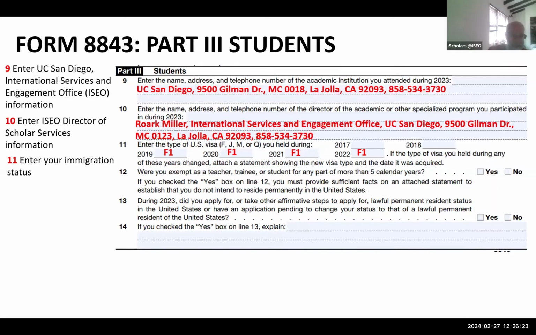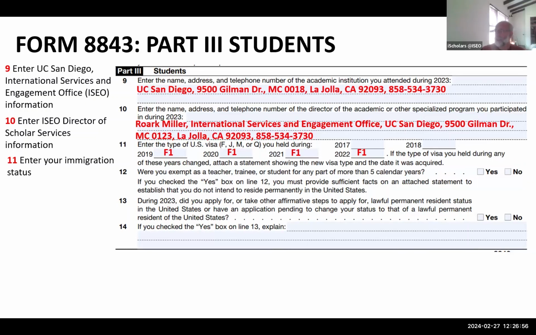And then similarly, the part will ask you whether you were exempt as a teacher, trainee, or student. And notice that they ask both teacher and student. So this gets at the point that some of you may have changed status from an F1 student to a J1 researcher. And that's very possible, or vice versa. And they want to know if that's the case, and you would actually enter your status in those years because it all counts.